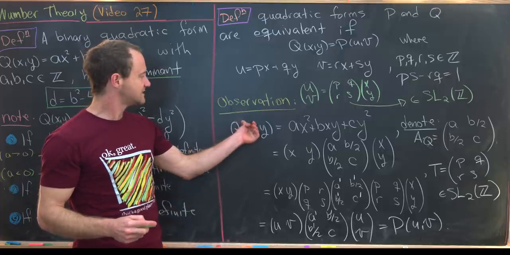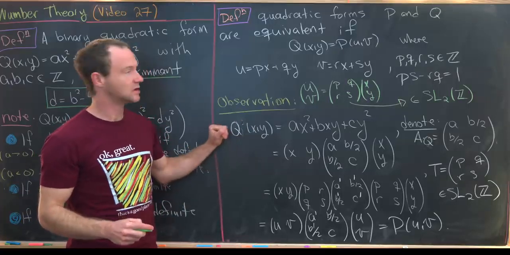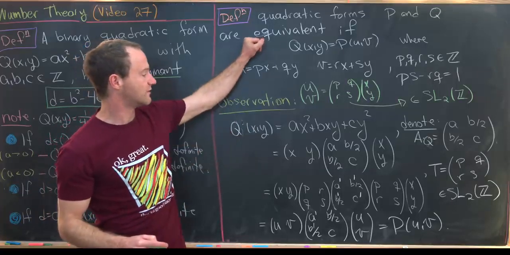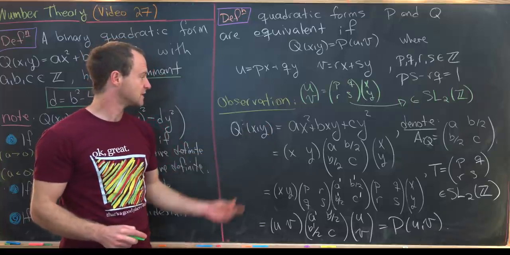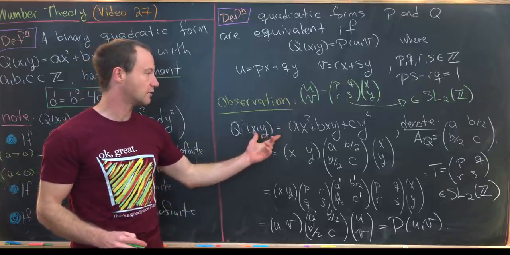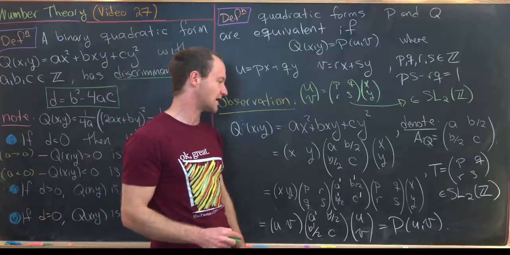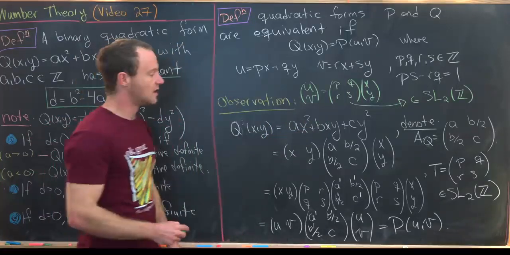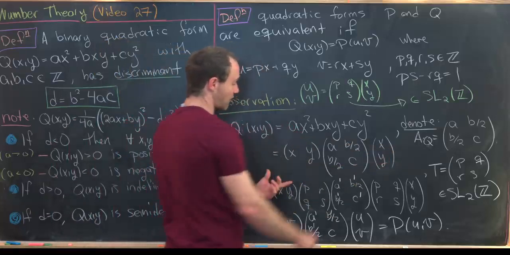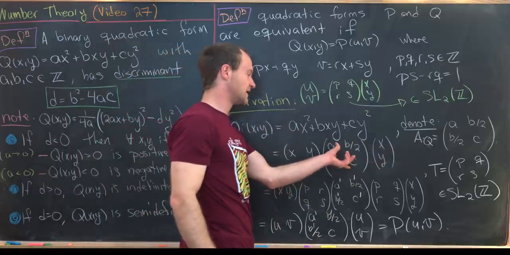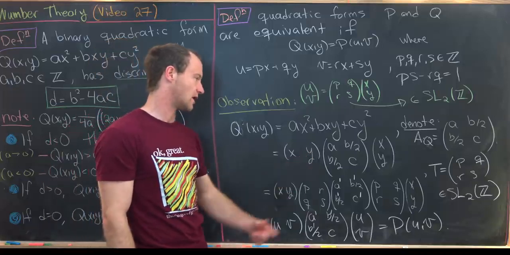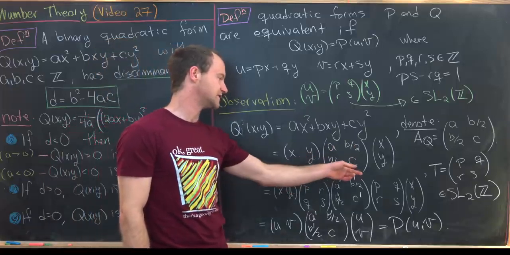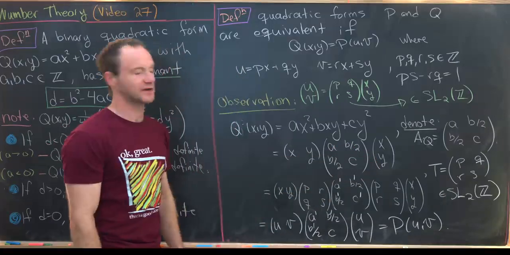Okay, and so now let's make the following observation, which puts this notion of equivalence in terms of similarity of matrices. We've got q(x,y), which is ax squared plus bxy plus cy squared, but we can rewrite that as the product of a row vector, a matrix, and a column vector. So we've got row vector (x,y), then the matrix a, b over 2, b over 2, c, and the column vector (x,y).